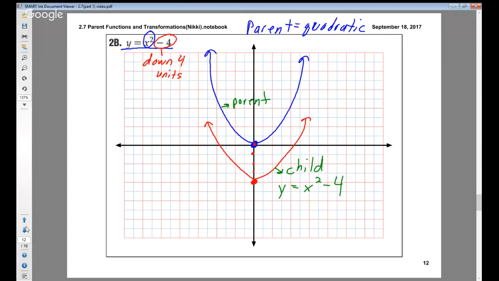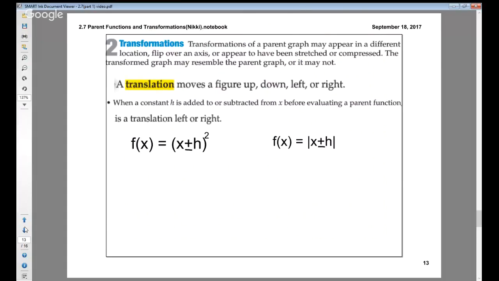Now, the last topic I want to cover is how to tell when a graph shifts left or right. Now, this is where you're going to need to listen up because this one's a little tricky. So, when a constant is added or subtracted from x before evaluating a parent function, this is a translation that goes left or right.